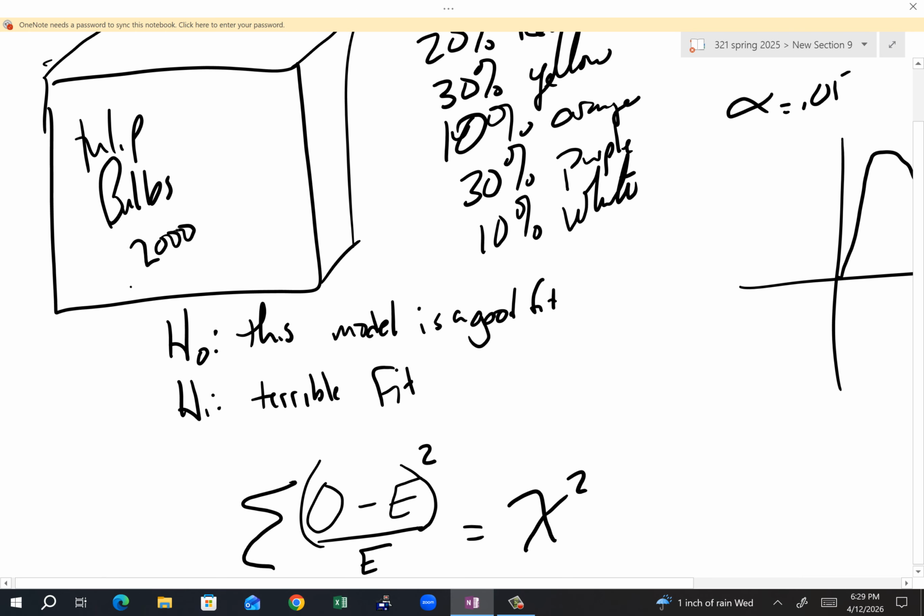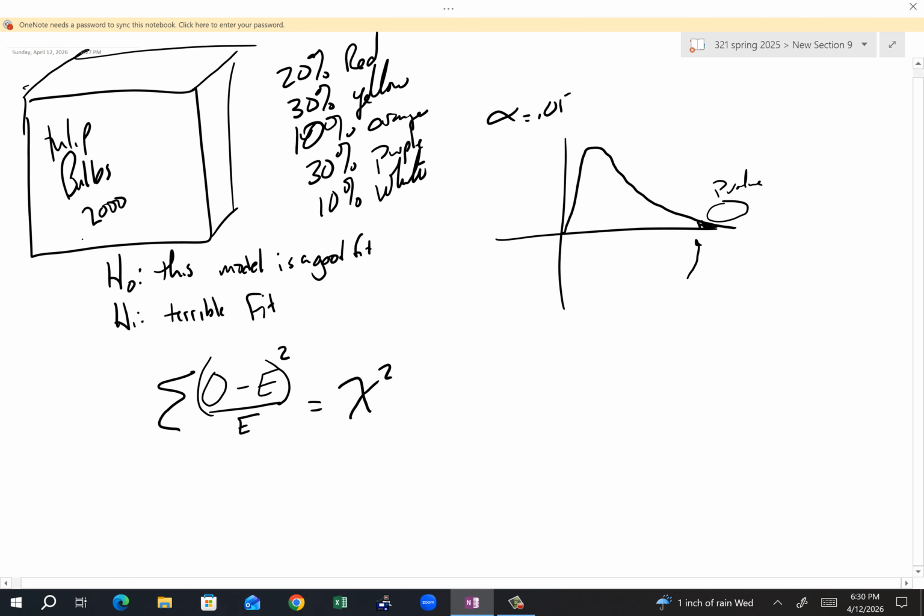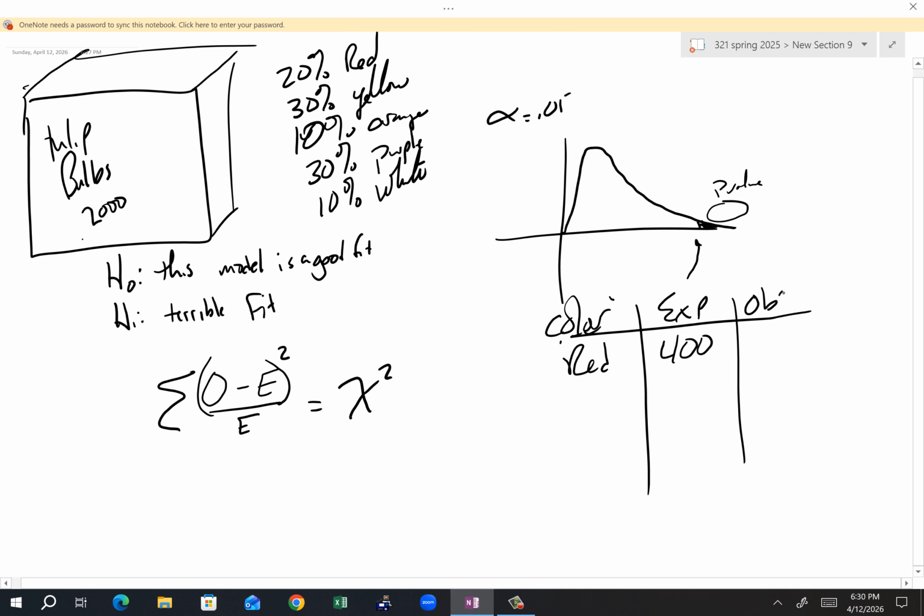Just say it's 2,000. So if you are good at math, you realize that 20% of 2,000 is 400. You expected 400. You go count. You observe, let's say, 350.